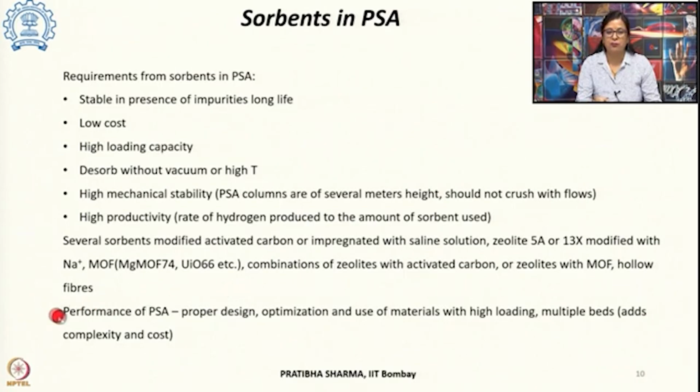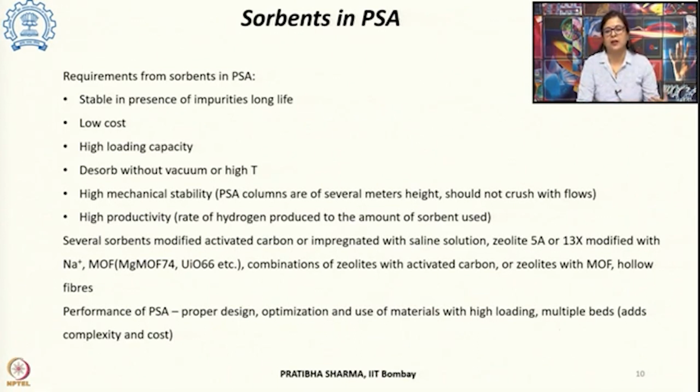So, the performance of pressure swing adsorption depends upon which sorbent is being used, the loading percentage of that sorbent with the impurities, the design and optimization of the various sorbent layers, and then the addition of multiple beds.